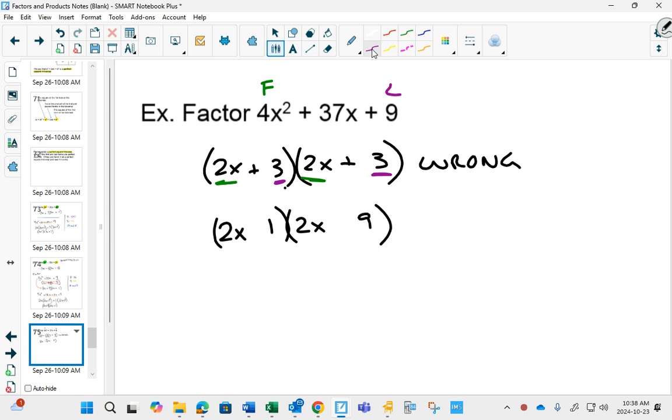Did anybody try this one and get it wrong?